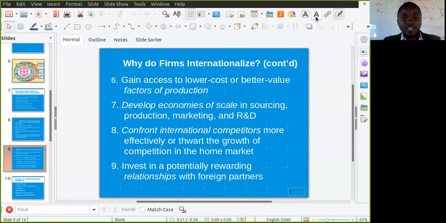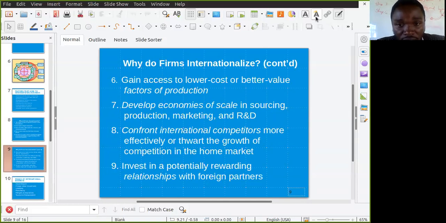This is because in these places, they are able to have lower costs of production. Why do they have lower costs of production? They are able to employ people who've got less labor value, people who've got less costs in employing them. That is why they venture into places like Africa.